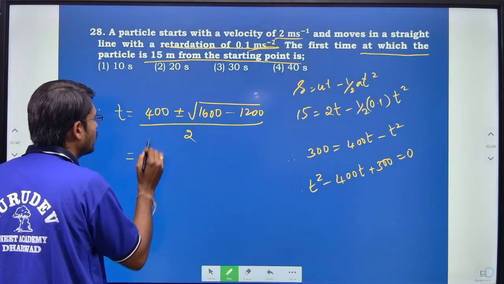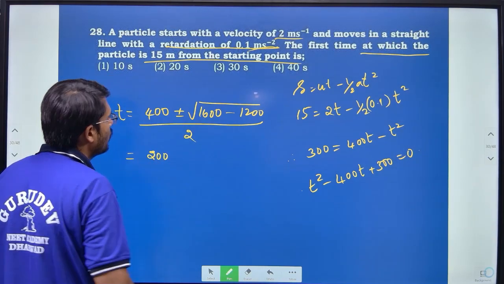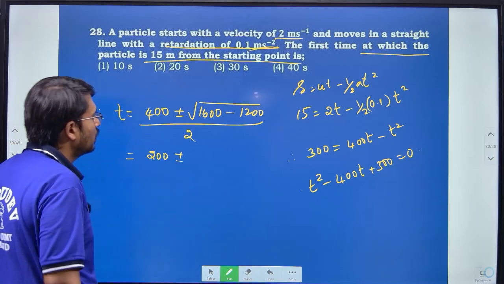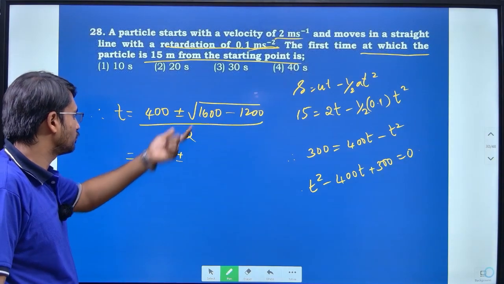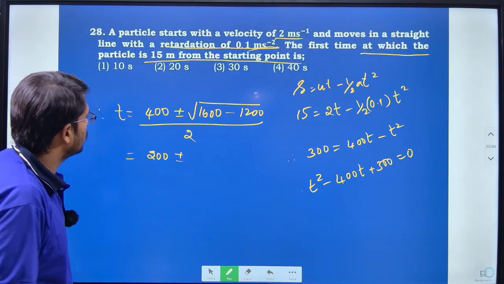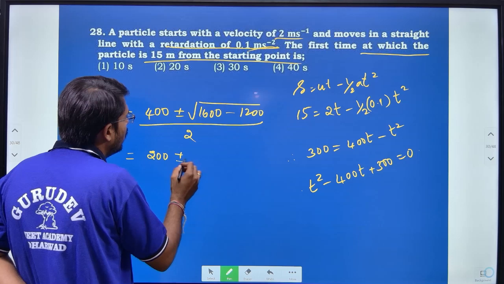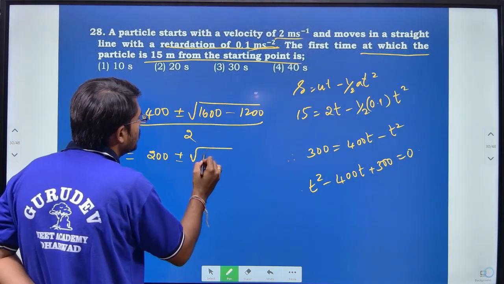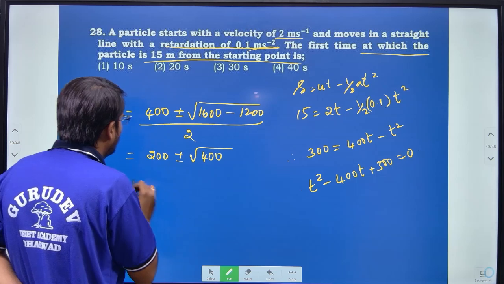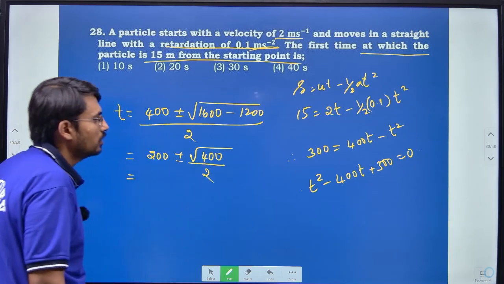So therefore what can we write? 400 divided by 2, so I write it as 200 plus or minus. What will be this particular one? Here we get it as 1600 minus 200. So it implies that it will be just 400, divided by 2.